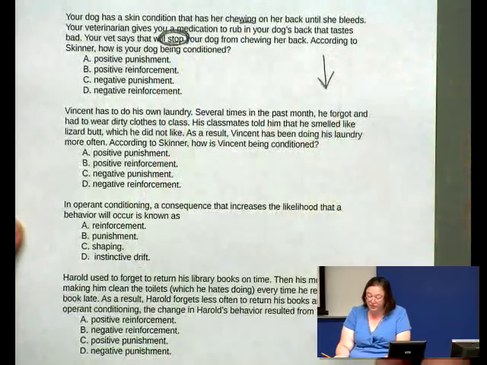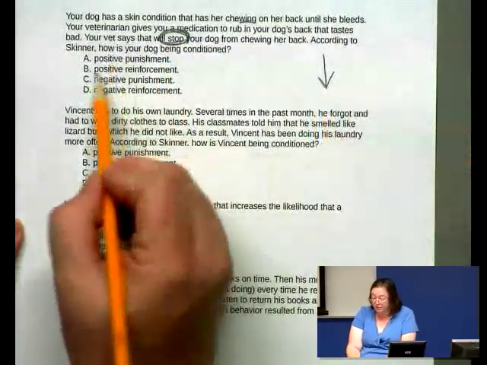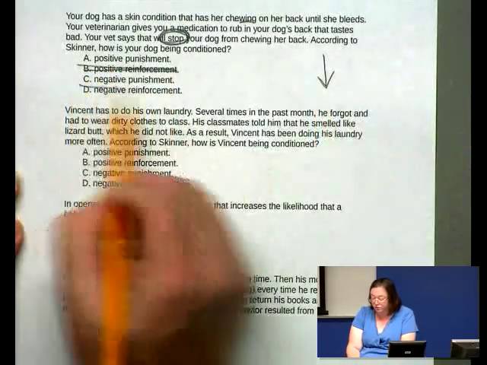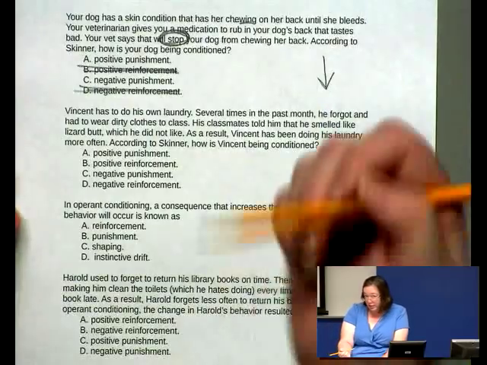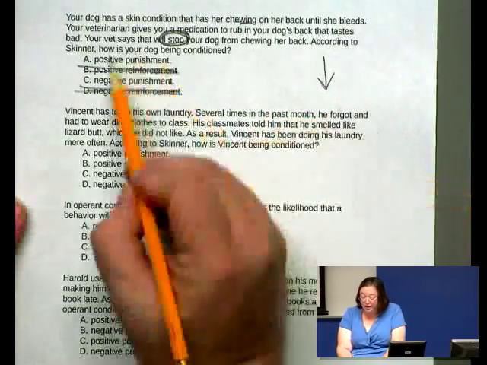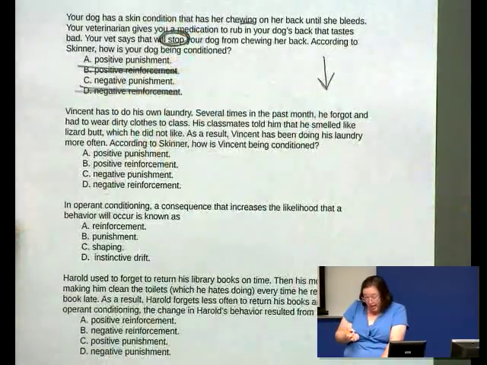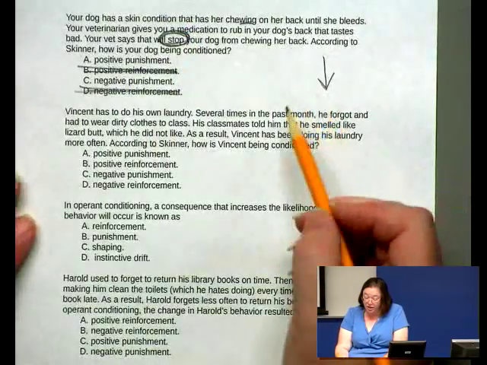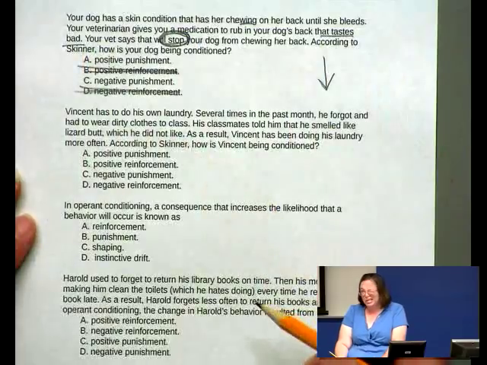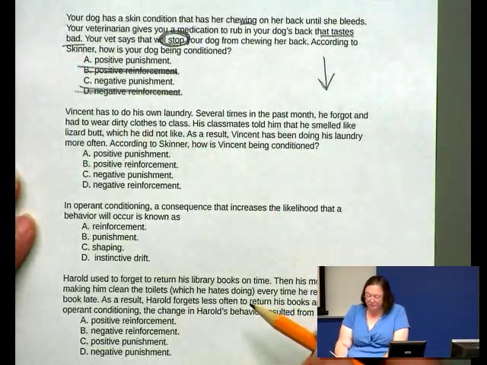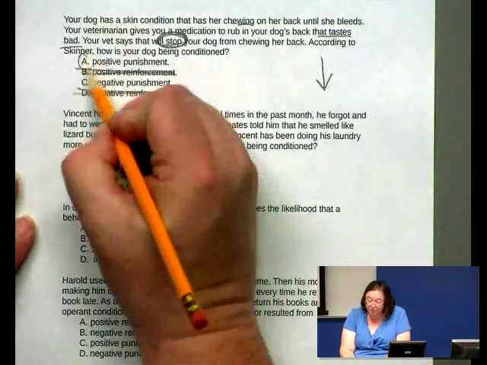Stopping is a decrease. If it's a decrease, that means it's a punishment, so we can cross out our reinforcements. Now, is it something being given to her that's unpleasant? Positive. Something taken away that is pleasant. Now, tastes bad, that's given something unpleasant. So this would be a positive punishment.